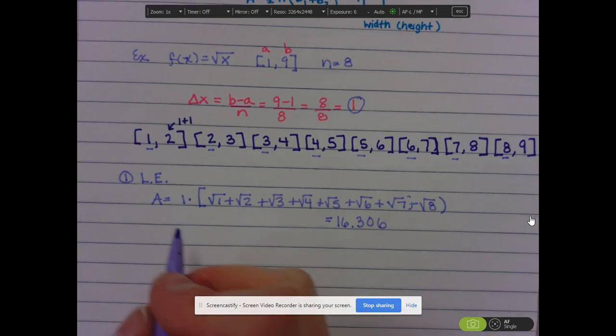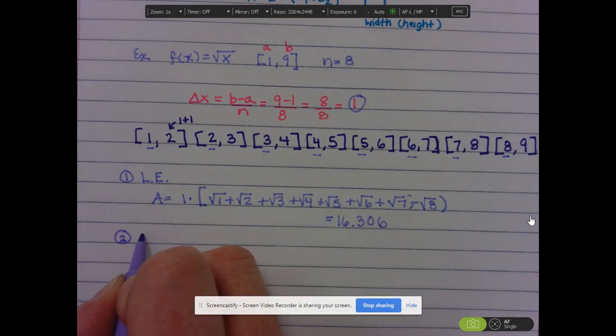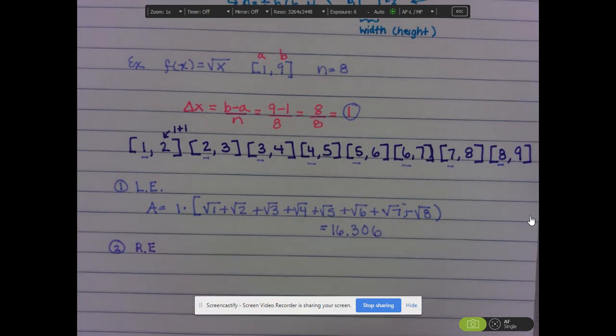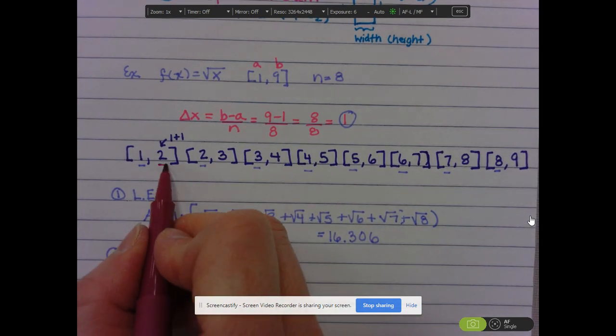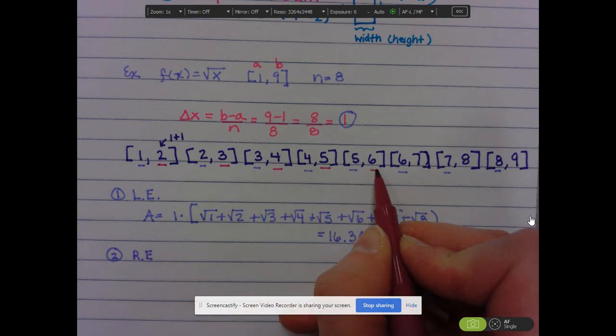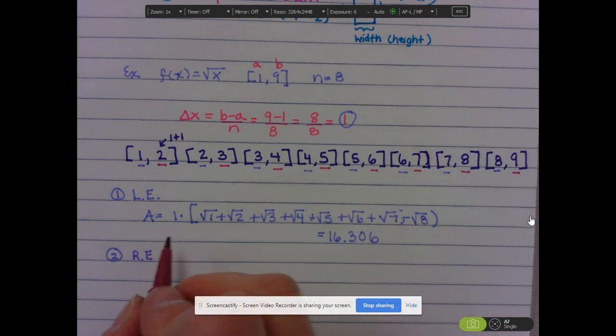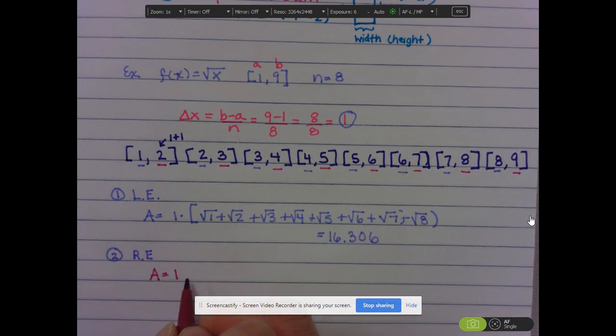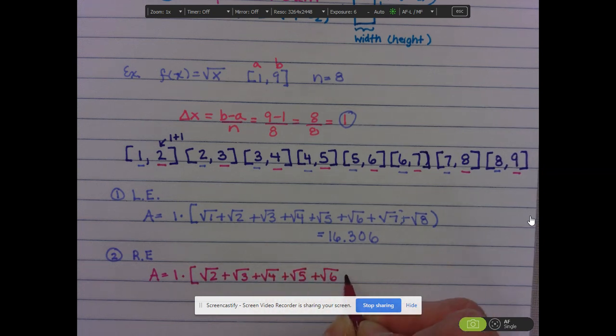So we just repeat the process if I want to do the right endpoint approximation. So now I'm going to use the right endpoint of each one of these regions. So again, there's my constant width. And now it's going to be square root of 2, square root of 3, square root of 4, 5, 6, 7, 8, and 9.